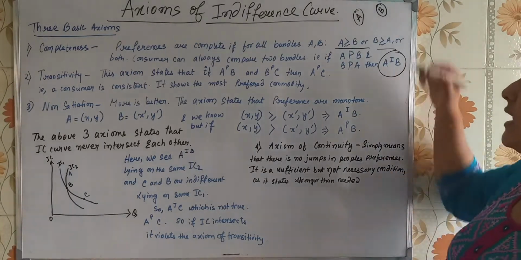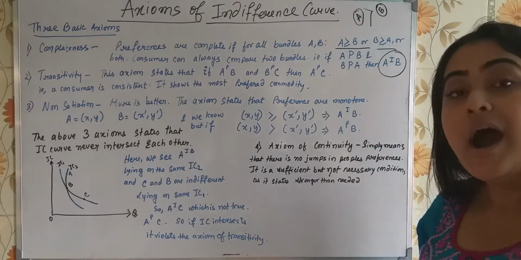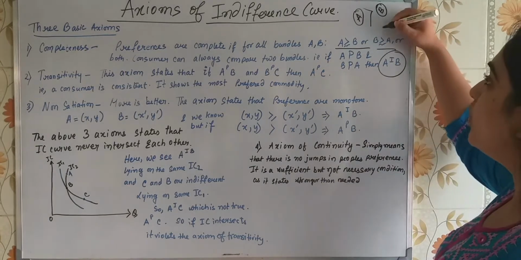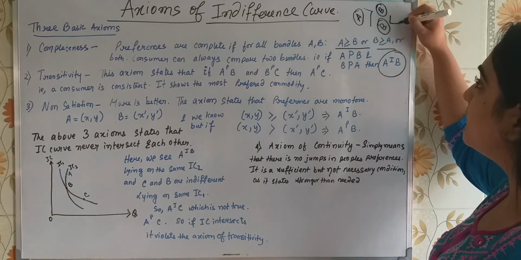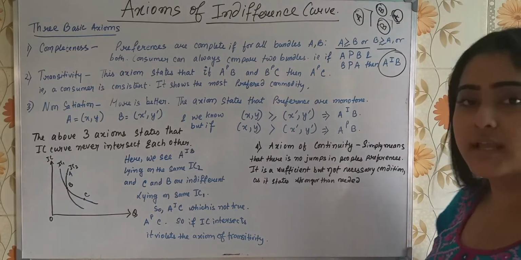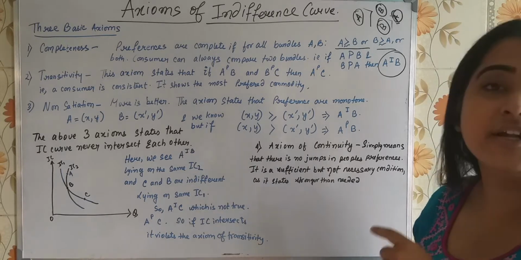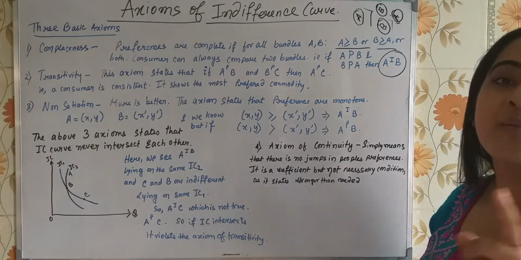You prefer bundle A to bundle B, but again you say, no, it's okay if I get bundle B in place of bundle A, that will also do. That means you are indifferent between bundle A and bundle B.